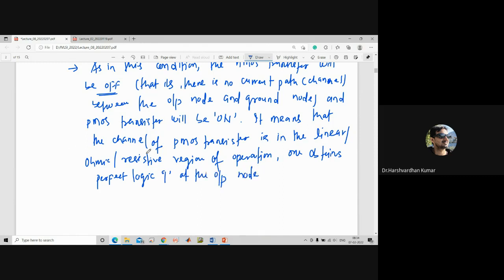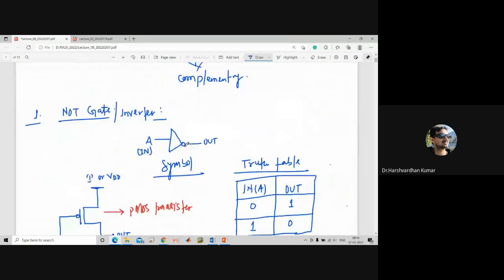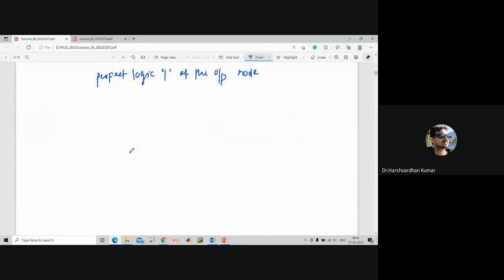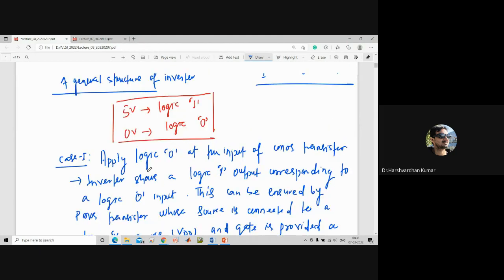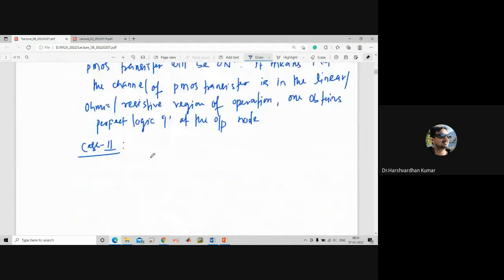Do you know the function of a simple wire? What will happen in that case? Let us talk about case 2. In case 2, we apply logic 1 at the input terminal.